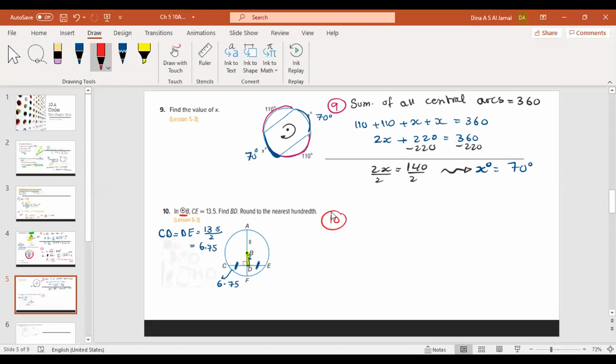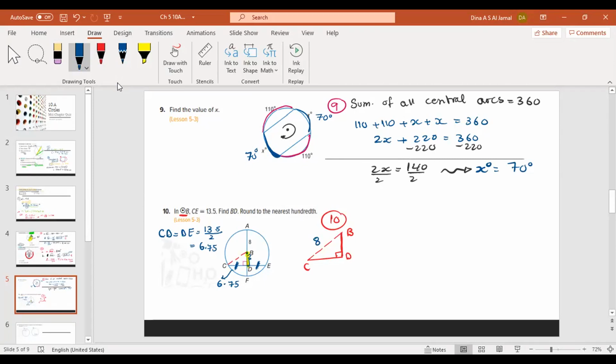So let me just draw it again here for you. We will have a small right angle triangle, which will have sides BD and CD, and your CB will be your radius, and you know that all radii inside the circle are congruent.